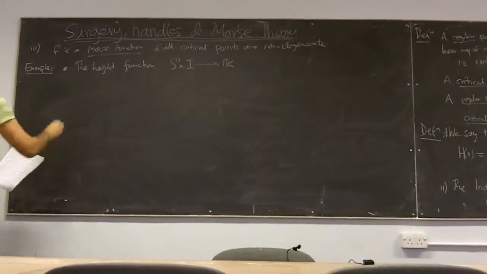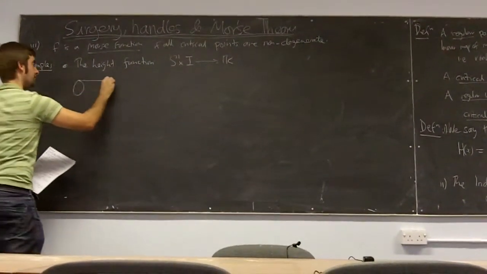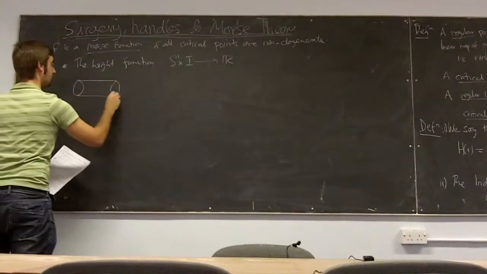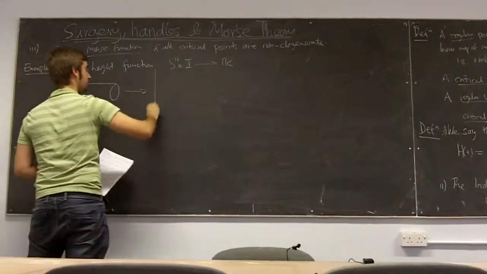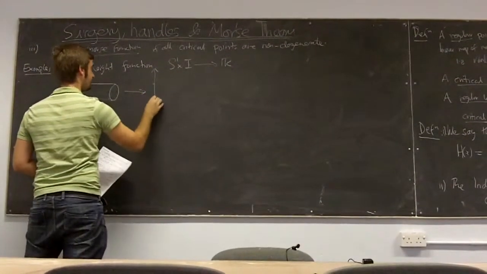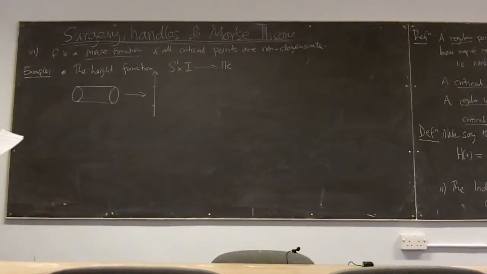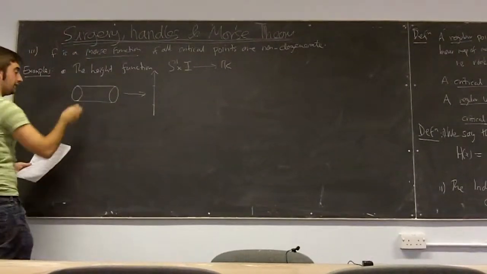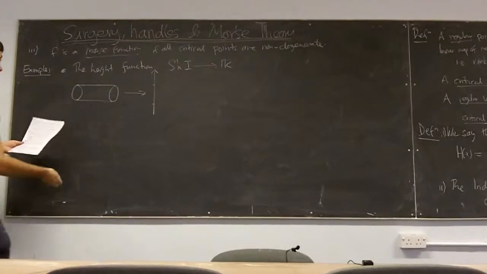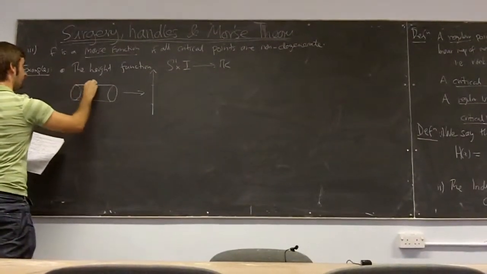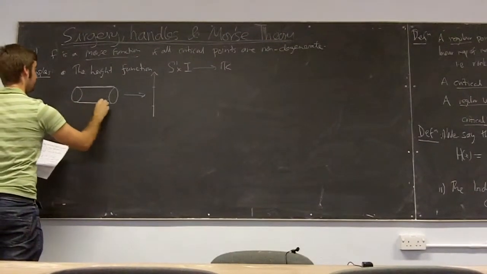Now if we put the cylinder on its side like this, and then map to the real line and measure the height, we get a whole line of critical points, both along the top and along the bottom.